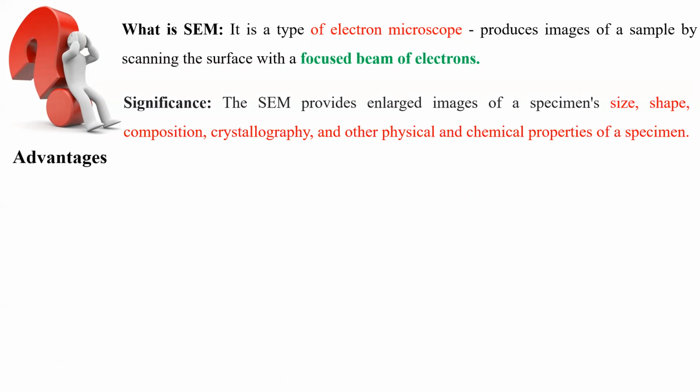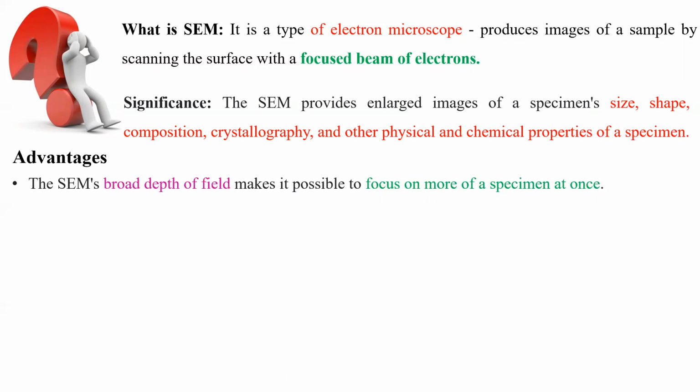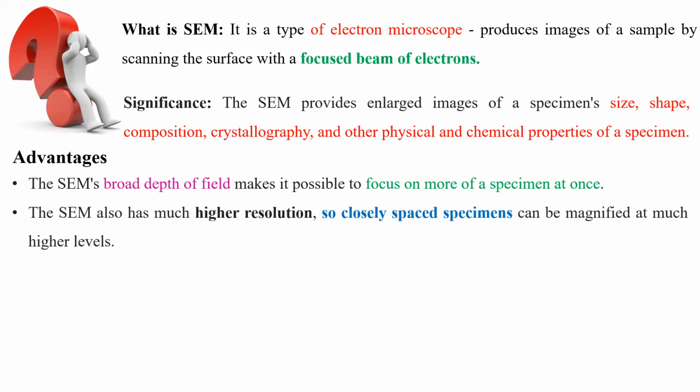Now, if you see the advantages, they are characterized by a broad depth of field, which helps to focus on more of a specimen at once. While you are going for some analysis, you need to check the depth of field and also the high resolution.